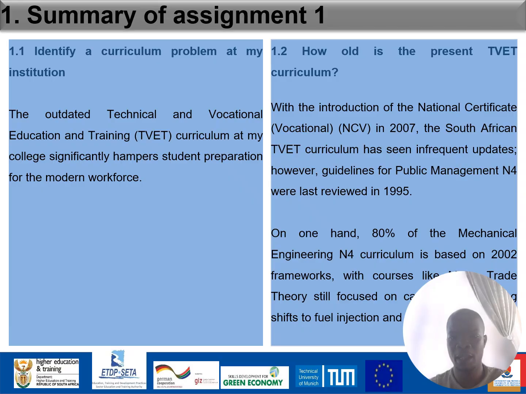On the other hand, 80% of the mechanical engineering curriculum is based on the framework that was developed in 2002, especially in courses like motor trade theory, which still focuses on carburetors, not taking into cognizance the shift that has occurred to fuel injectors and also hybrid technology.